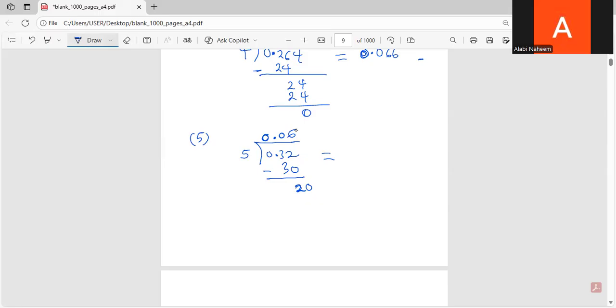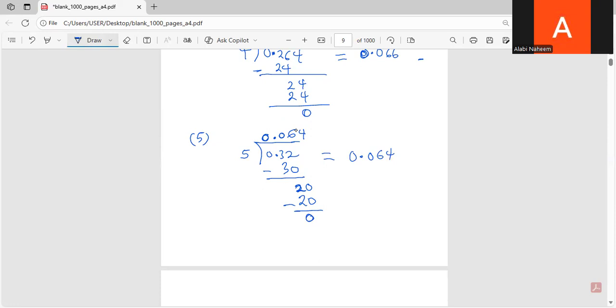You say 5 in 25, you proceed. But then we are at this point now, and then you have 2, a number which is less than the divisor. What do? You add 0 to it. Then 5 in 20 is 4. So you have 4. 5 times 4, 20. 20 you subtract, you have 0. And you can stop the division. What's our quotient? 0.064 is the quotient.